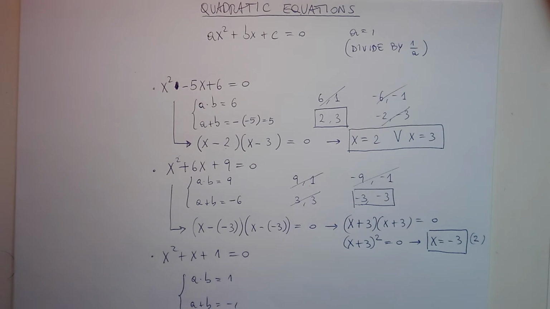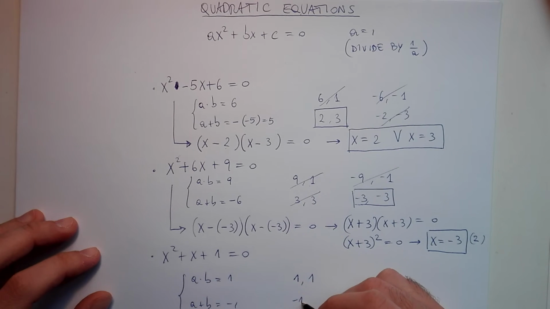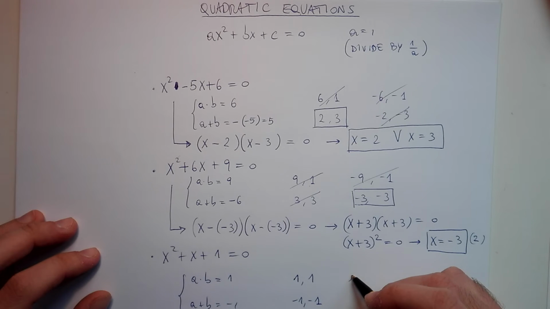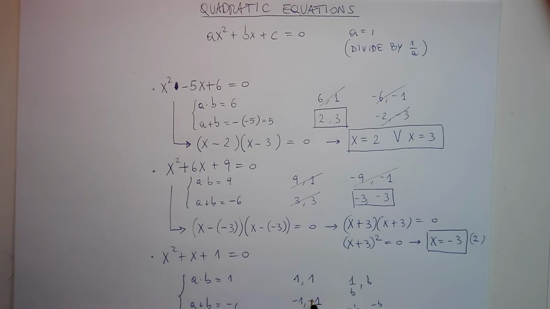The easiest pairs are 1 and 1, minus 1 and minus 1, and basically all the numbers of the form 1 over b plus b, or minus 1 over b minus b. But as you can guess, 1 plus 1 is 2, so it doesn't work. Is 1 over b plus b equal to minus 1? It starts to be tricky.